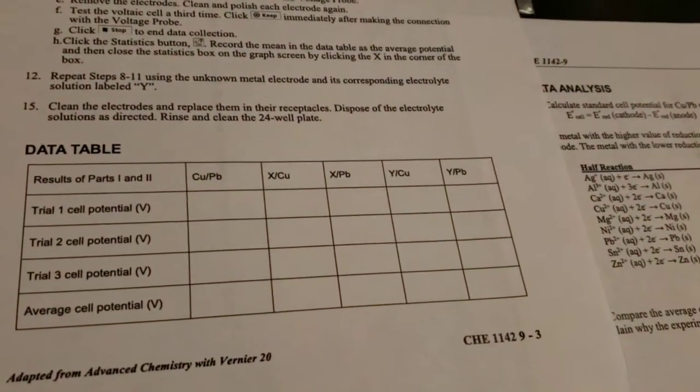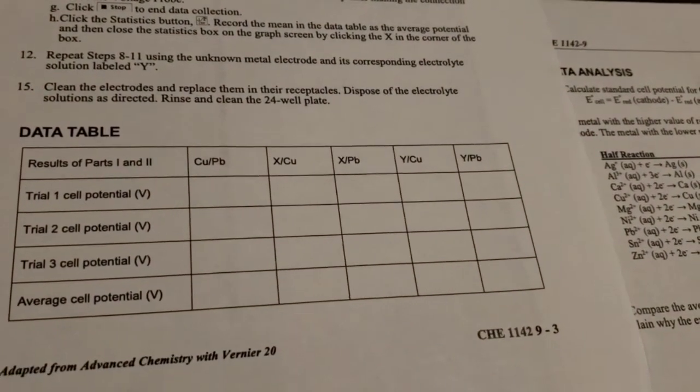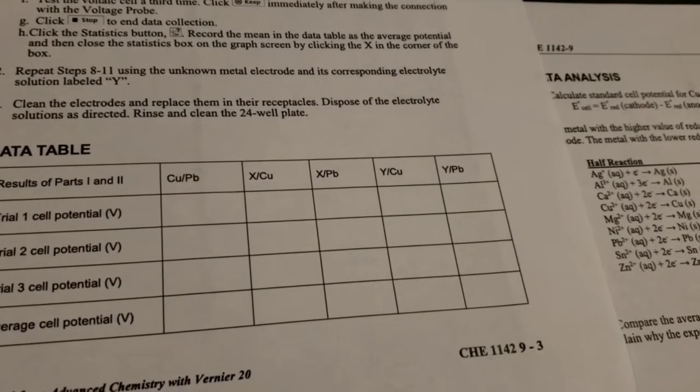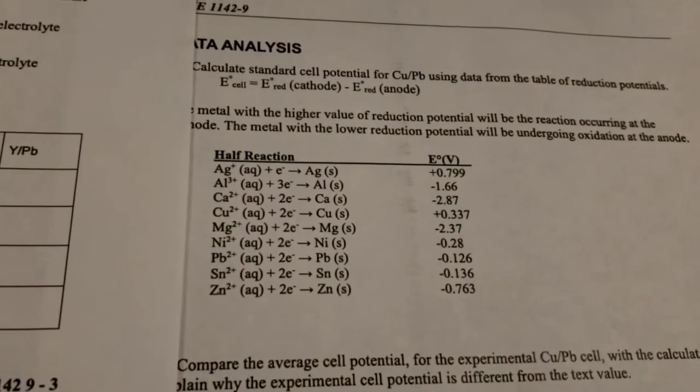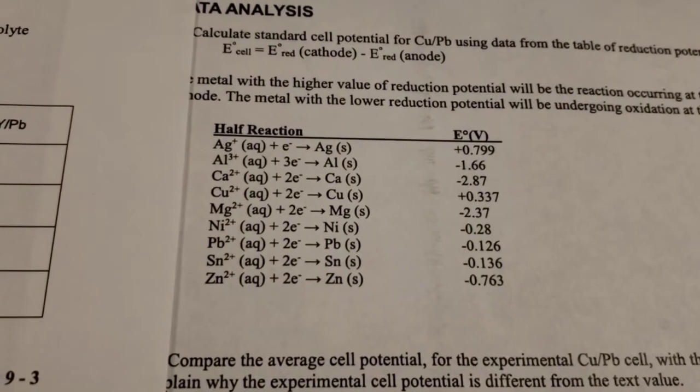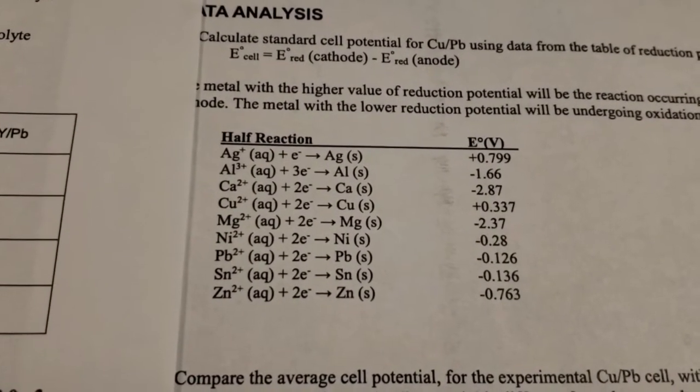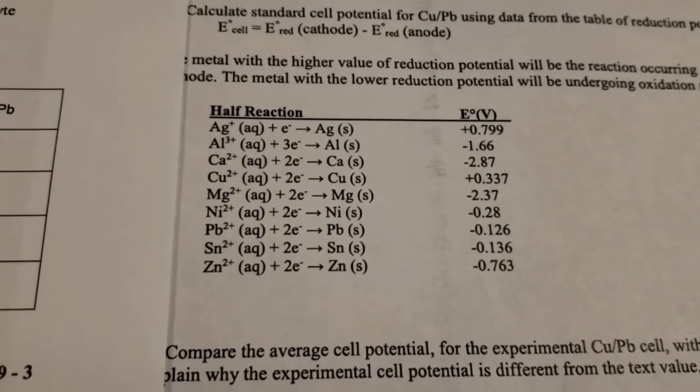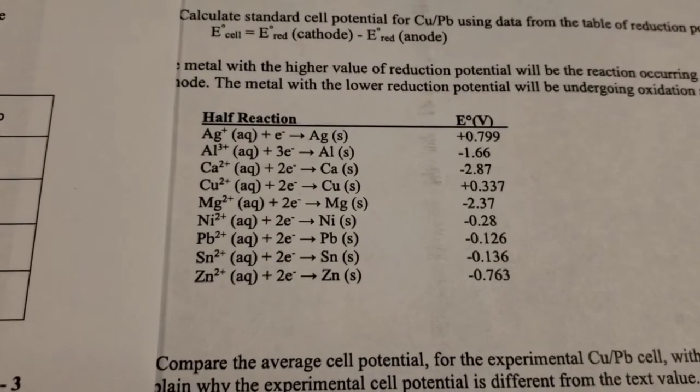These numbers will be transcribed into the data table, and you'll be able, from that information, to identify the unknown X and Y metal from the half reactions here, the reduction potentials.